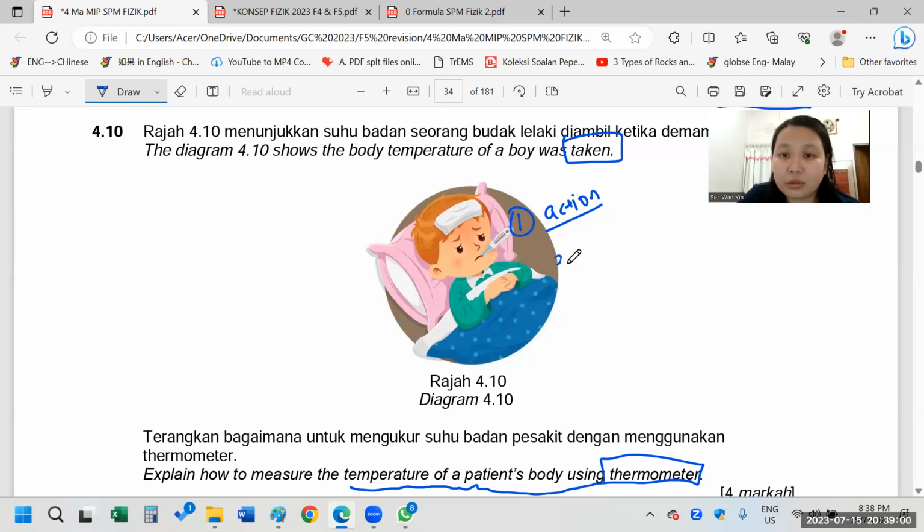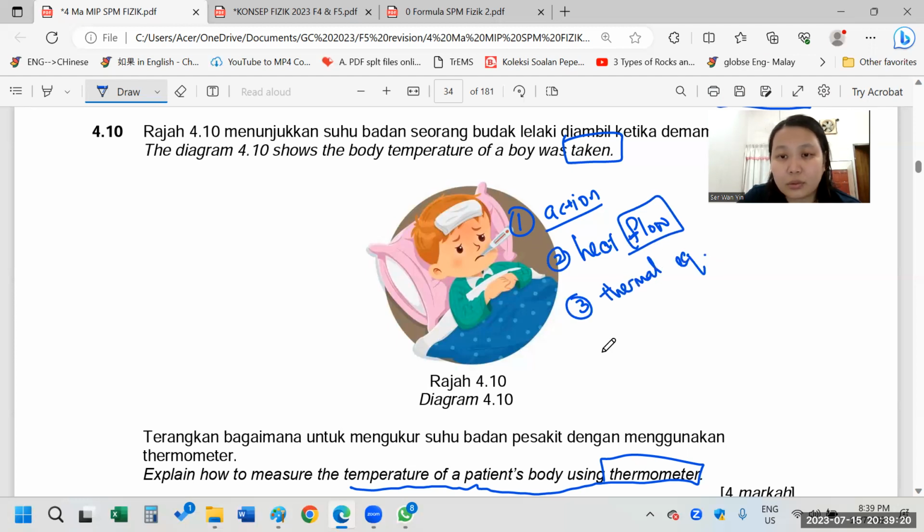Then number 2, you mention heat. How is the heat flow? Heat flow means the heat from his tongue to the thermometer. You must mention. Then number 3, you mention thermal equilibrium.